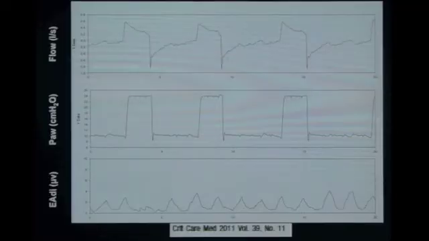Now, things are a bit more difficult when it comes to something like this, because indeed the electrical activity of the diaphragm is scanty, it is 2, 3, very, very low.